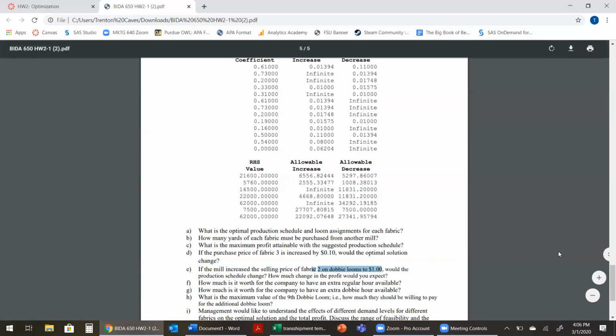So what is our current selling price for fabric 2 on Dobie looms? Is it 31 cents?